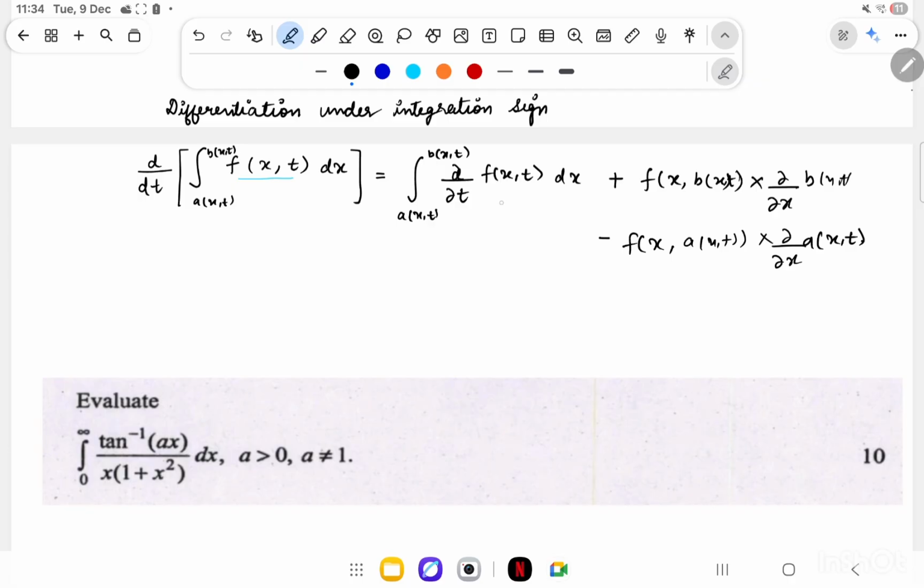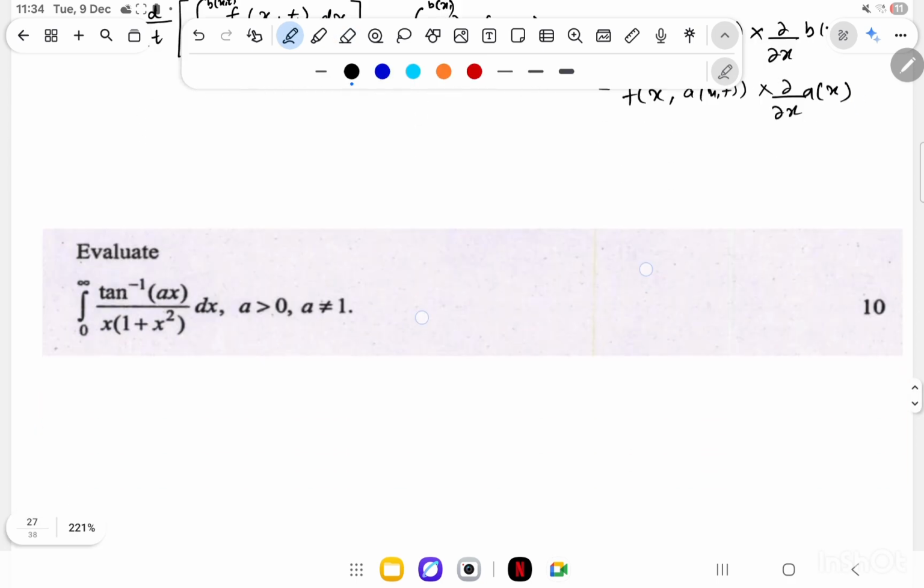So first we differentiate the integrand that is there, and then we move on to differentiate the limits that are there. So that's the general Leibniz rule.